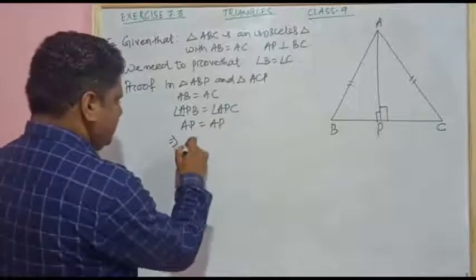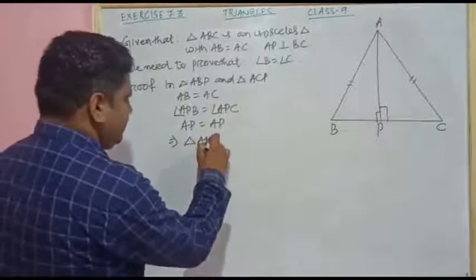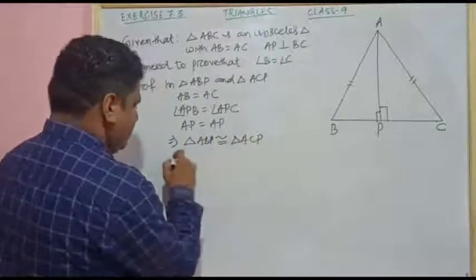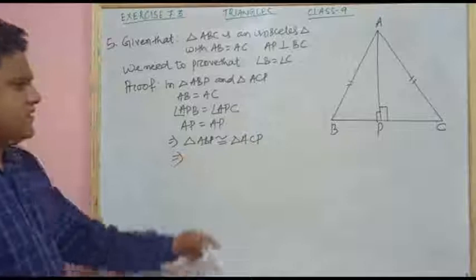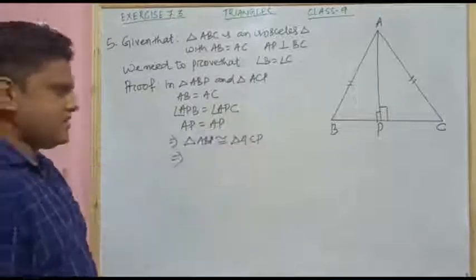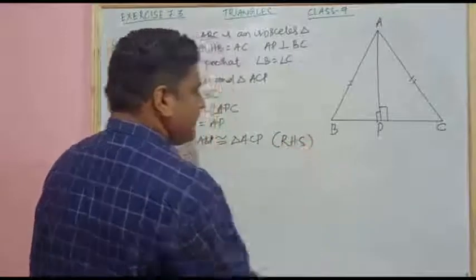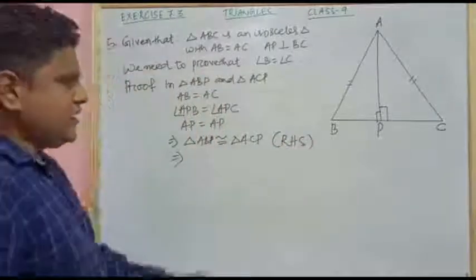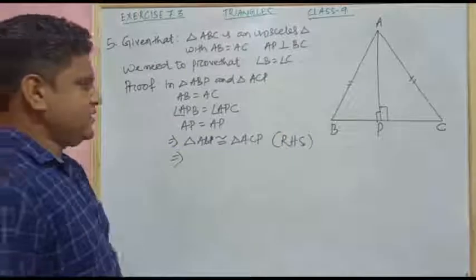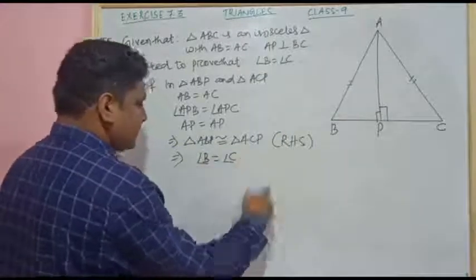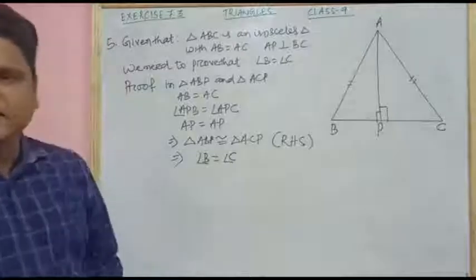This implies that triangle ABP is congruent to triangle ACP, from RHS congruence rule. So if two triangles are congruent, then their corresponding angles must be equal, so we can write angle B is equal to angle C. Now the fifth bit is proved.